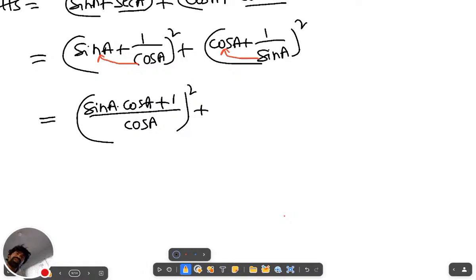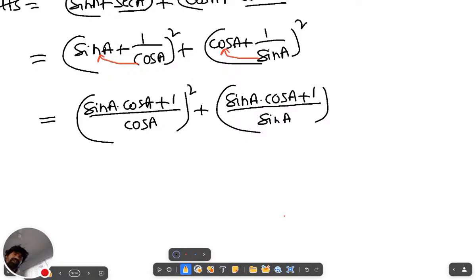Here also cos a into sin a, which can be written as sin a cos a plus 1, whole by sin a whole square.